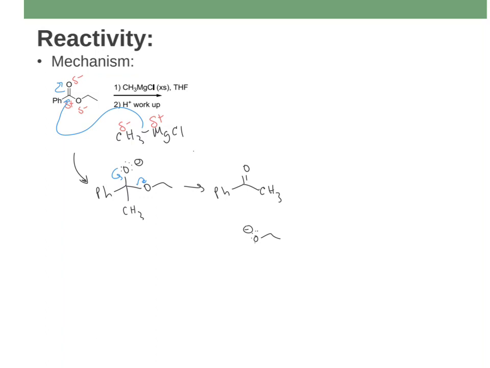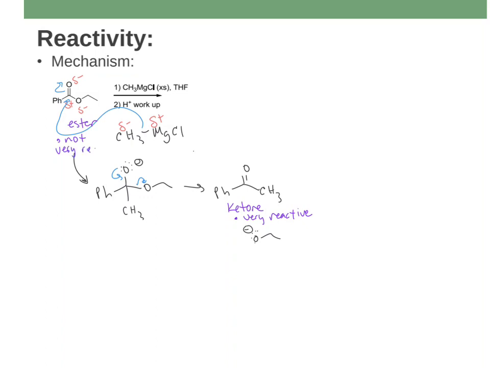And that's all fine and good, but the problem here is that you just made a ketone. And you started with an ester. And if you go back and remember the relative reactivity of carbonyls, specifically ketones versus esters, ketones are very reactive. Remember, aldehydes were the most reactive and ketones are right behind it, whereas esters are not very reactive.